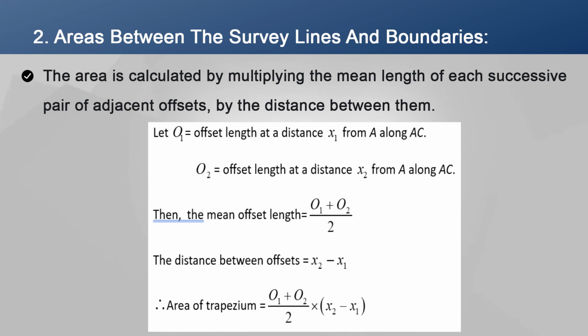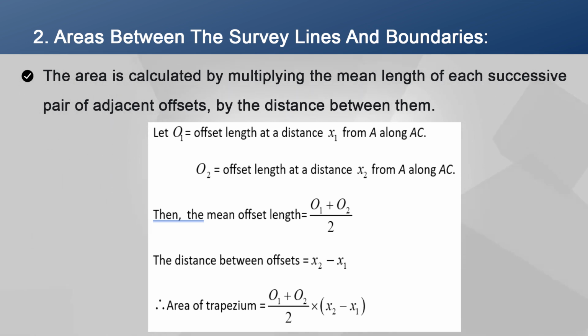The area is calculated by multiplying the mean length of each successive pair of adjacent offsets by the distance between them, and this is the formula we have gone through for the trapezoid. Let us assume O1 is the offset length at a distance x1 from A along AC, and O2 is the offset length at a distance x2 from A along AC.